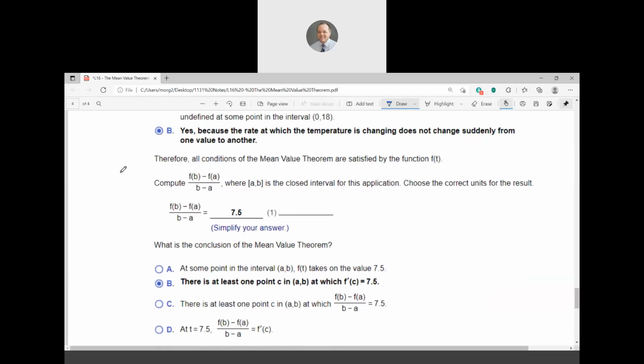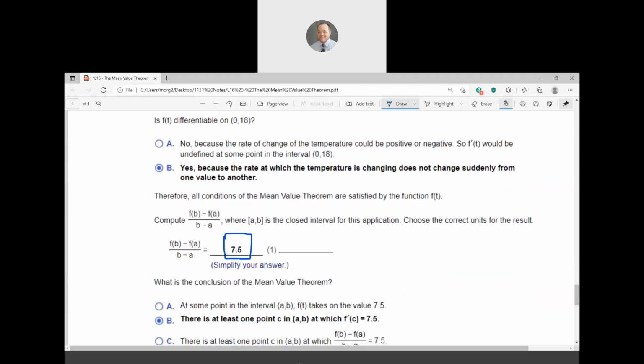The next thing we need to find is, using our equation, f of b minus f of a all over b minus a. So we need to figure that out because we're already given this side of our equation. That is our derivative of c per se.